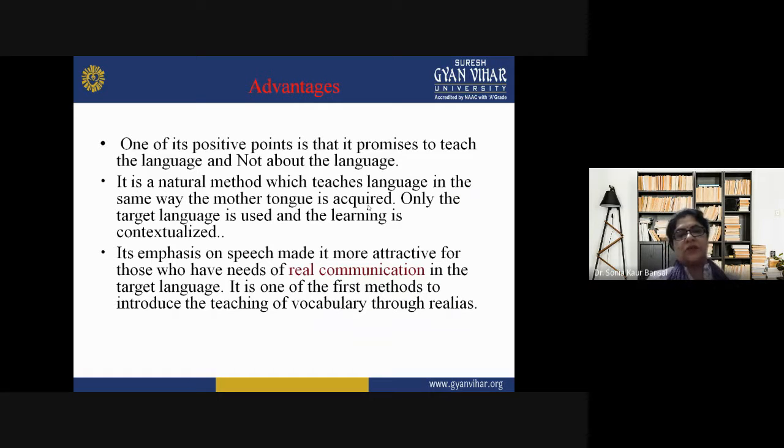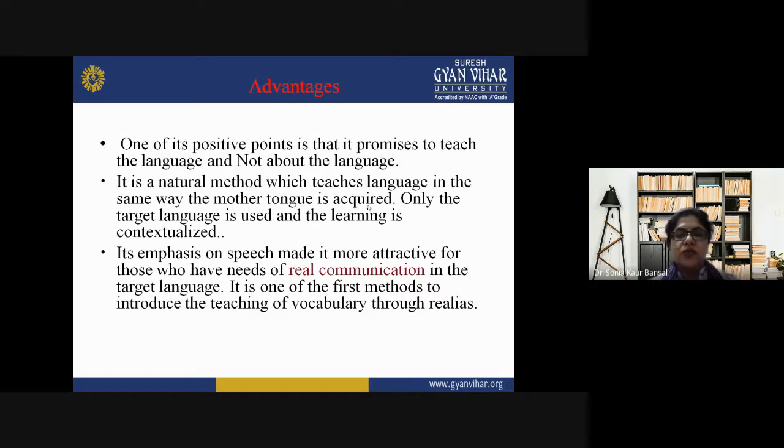So, students, whatever you are speaking in the classroom, you are not supposed to use the mother tongue. Only the target language is used, because whatever you are teaching to your students, you are actually giving them context for their better learning. So it emphasizes speech, making it more attractive for those who have need of real communication in the target language.